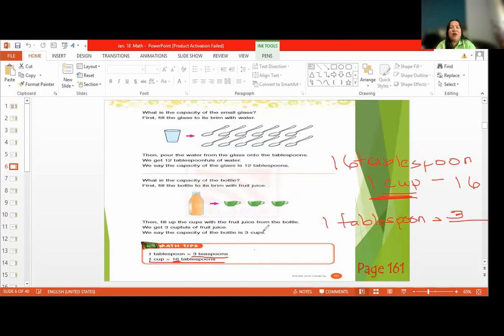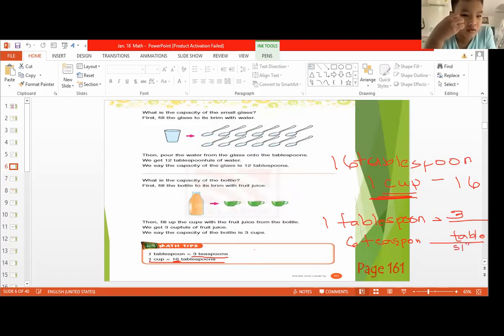How about if I say 6 teaspoons, the small spoon? How many tablespoons, the big spoon?